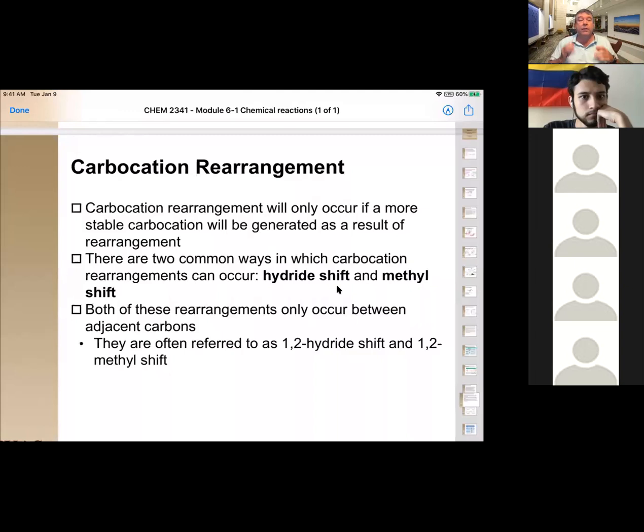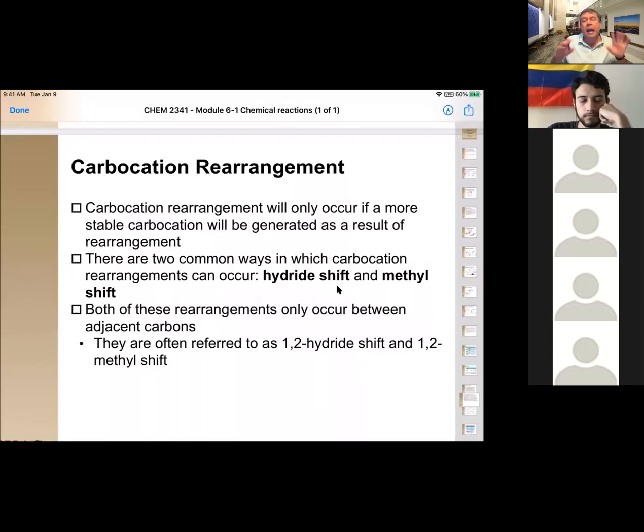If you have a secondary, it'll transition to a tertiary. If you have a secondary, but you can't turn it into a tertiary, it does not rearrange. If you already have a tertiary, it will not rearrange. It only occurs when you can form a more stable carbocation. So the most common are from primary to secondary or from secondary to tertiary. It's never just going to the same one.